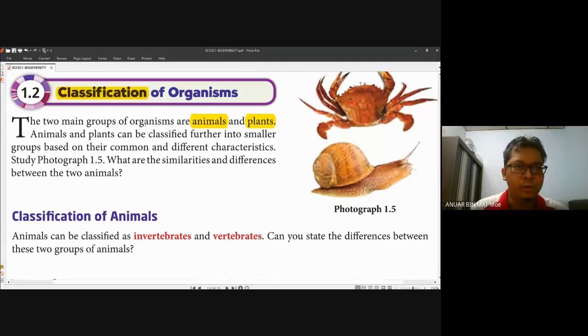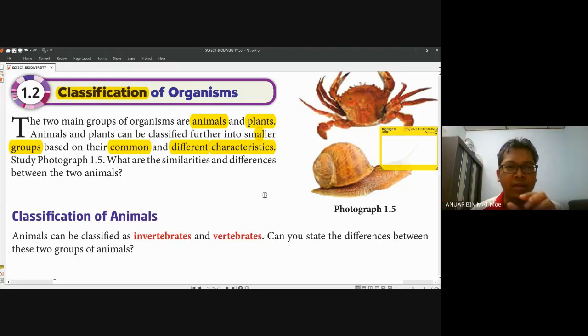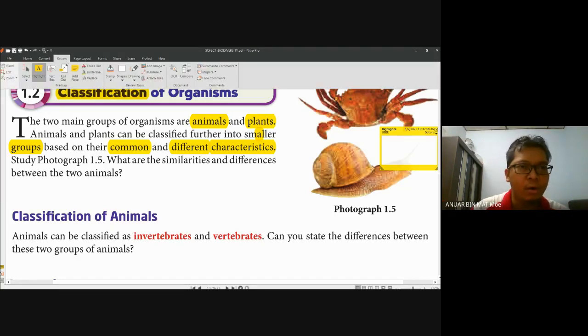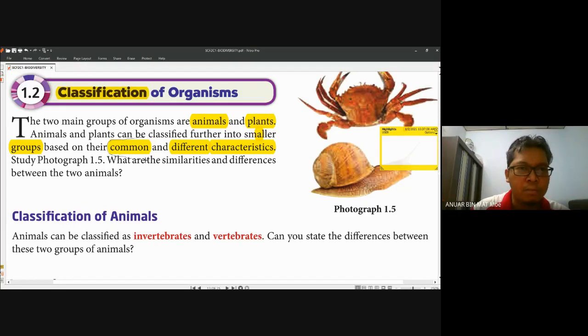So next, the animal and plant can be classified further into smaller groups based on their common and different characteristics. This is why we need to classify the organism. Number one, based on their common characteristics. Common means the same characteristic or same physical features.